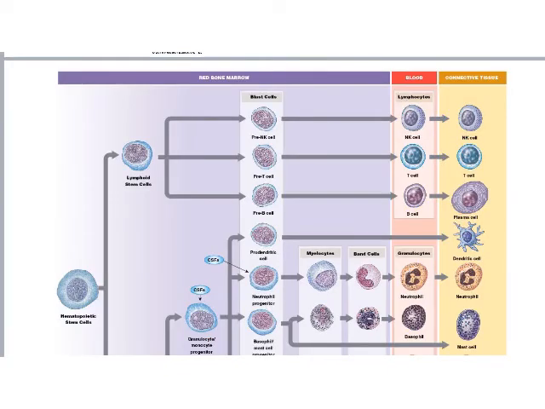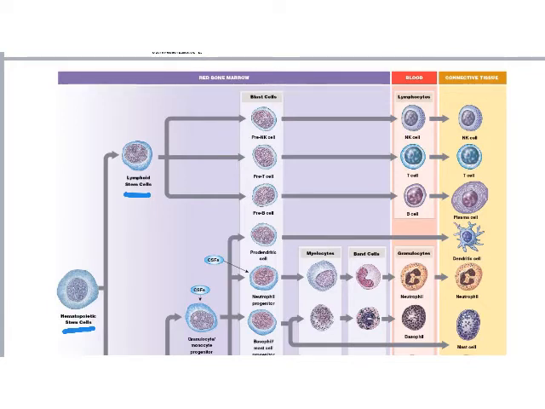So if we look at the upper section of the chart, we can see that we start with the hemopoietic stem cell. That's going to be the one that can become any kind of blood cell at this point. Okay, and that's going to differentiate either into a lymphoid stem cell or a myeloid stem cell, which is on the bottom. We'll talk about that in the next slides.